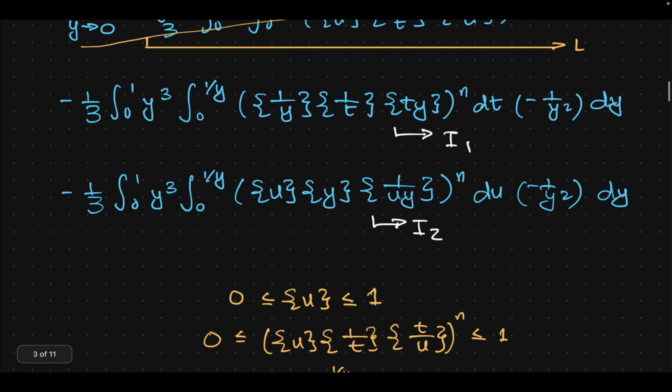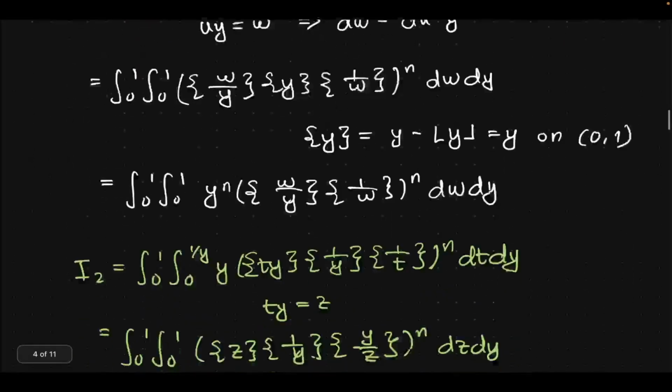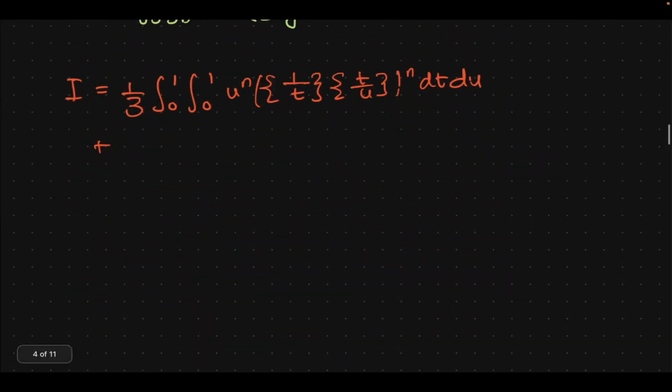It was right there. Factor of 1/3 for those I1 and I2. We can just include it here now. So 1/3, basically just the result.